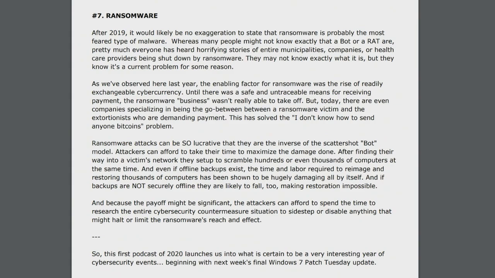Whereas many people might not know exactly what a bot or a RAT are, pretty much everyone at this point has heard the horrifying stories of entire municipalities, companies, or healthcare providers being shut down by ransomware and then having to pay a lot of money in order to regain access. So your typical user may not know exactly what it is, but they know it's a current problem and it's one they don't want to have.